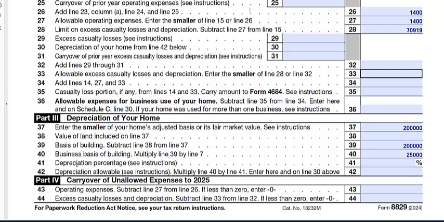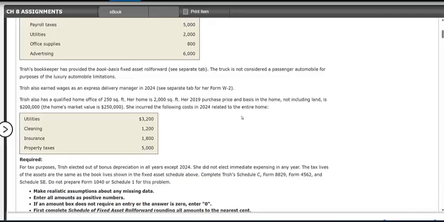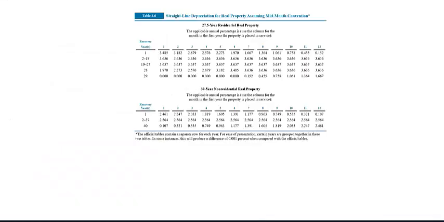Now we need to include the depreciation percentage. So you were provided with depreciation tables for residential real property and non-residential real property. Though it is a personal residence, it was used for business purposes.